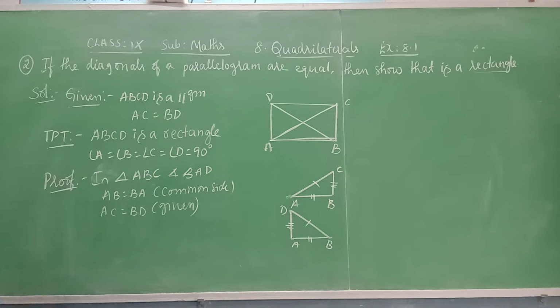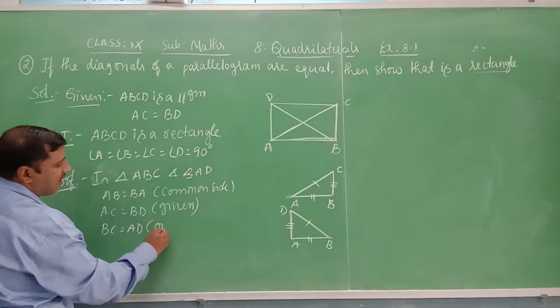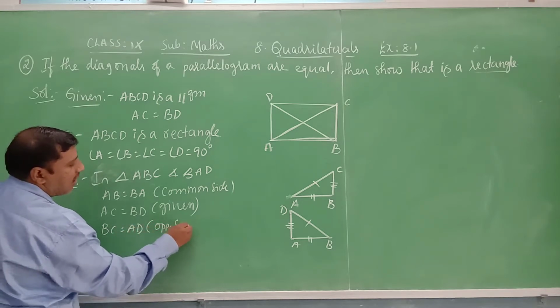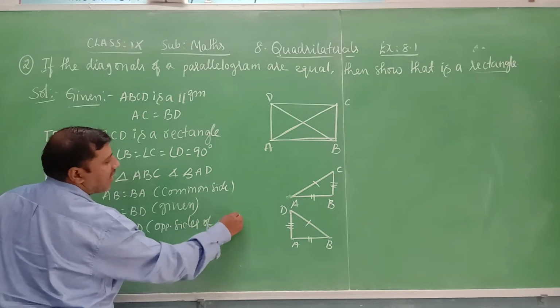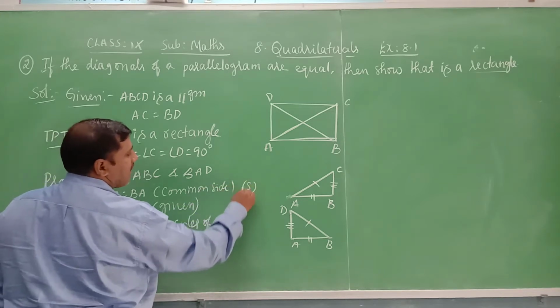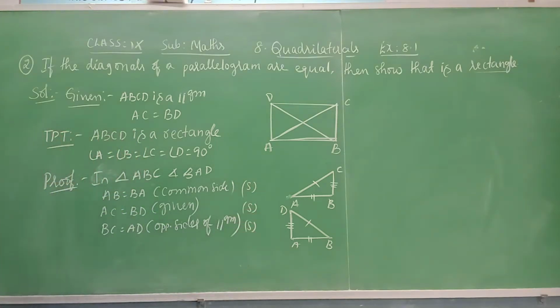Next BC is equal to AD, opposite sides of a parallelogram are equal. So side and side, by SSS congruency, the two triangles are congruent triangles.